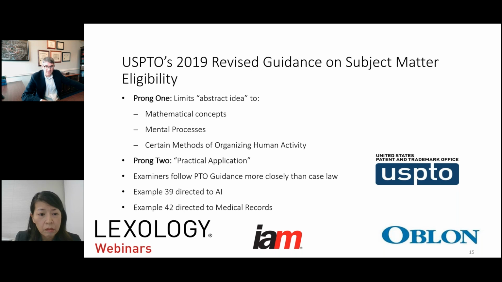What's important to note here is that just because you're able to obtain something at the Patent Office, and just because you're able to overcome 101 at the Patent Office, doesn't mean that the courts will behave the same way. We've had a couple of examples now where courts have said, look, we have this guidance from the Patent Office, but it's only guidance. This is not something that we have to follow, and they have not followed it.